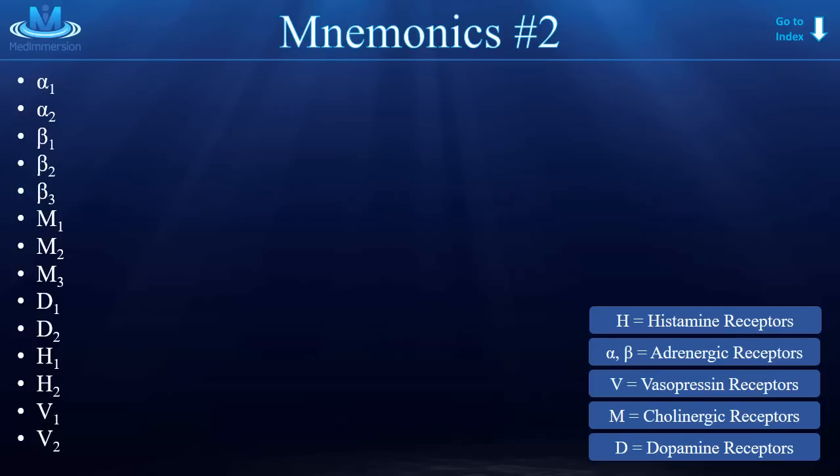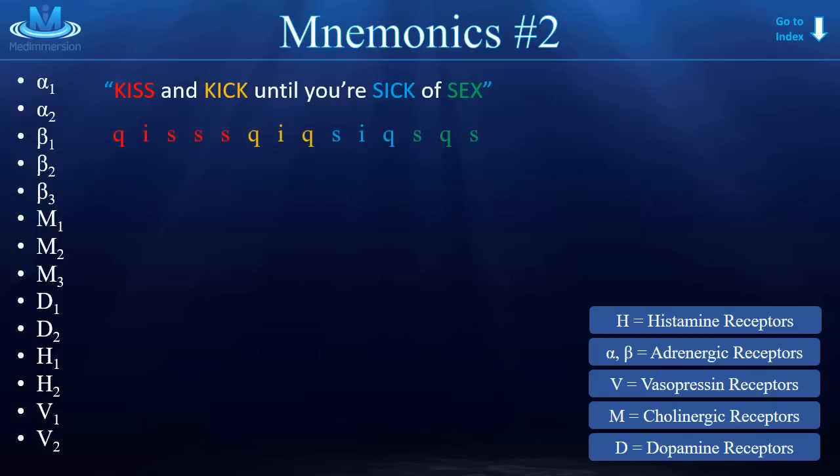So, using the first mnemonic that I taught you, you could fill in each one of the Gq proteins that are associated with each of these receptors. But here's another way, just in case you like it better. And the mnemonic here is "kiss and kick until you're sick of sex," which is written out like this. See that?